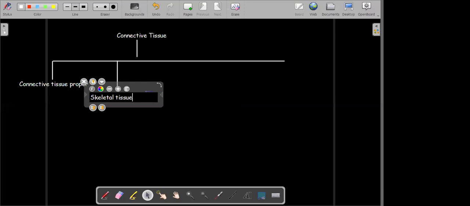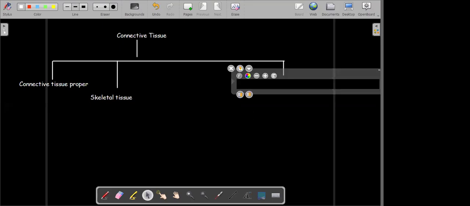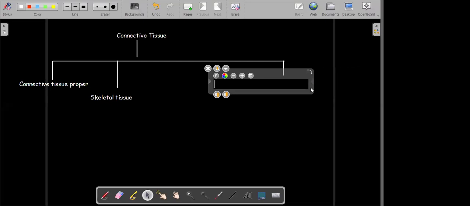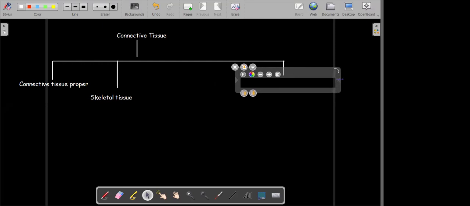Then the third type of connective tissue which we see is fluid connective tissue.